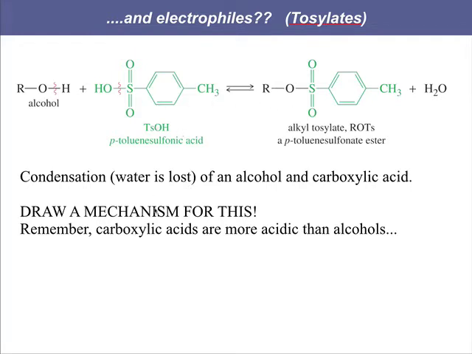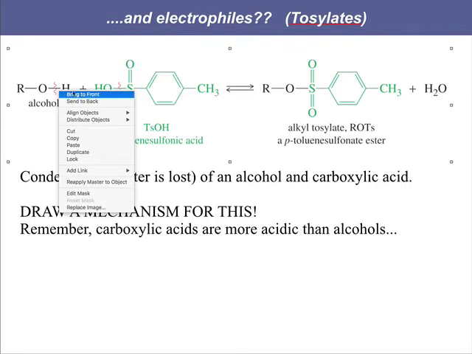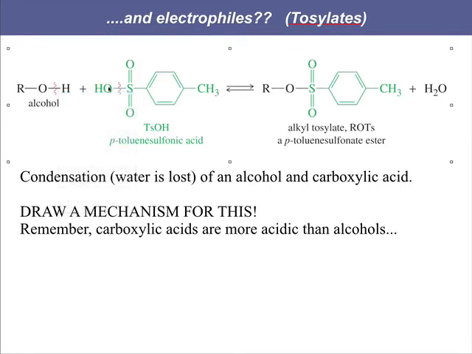Remember that paratoluene sulfonic acid is like a carboxylic acid. It's actually a sulfonic acid because it's got a sulfur group. These acids are more acidic than alcohols. Keep that in mind. So you're going to protonate your alcohol from your acid, then figure out how these two things are going to come together to make your product. If you can't figure it out, it's in your book, or I can show it to you in class if you need help with that.